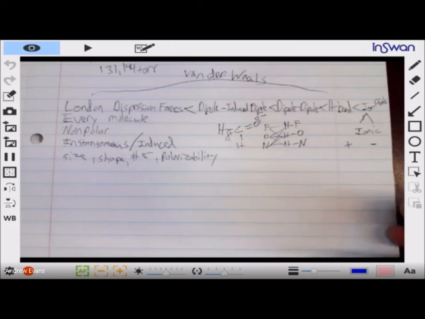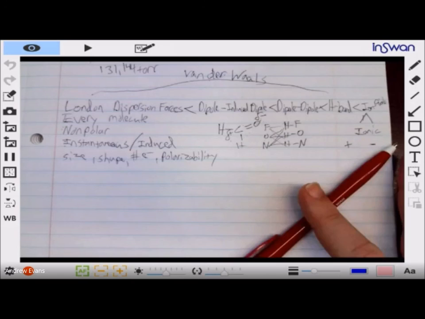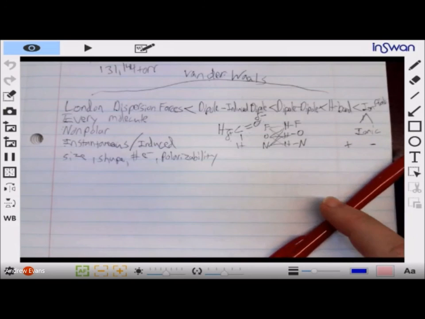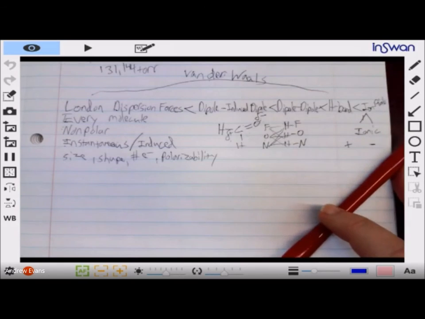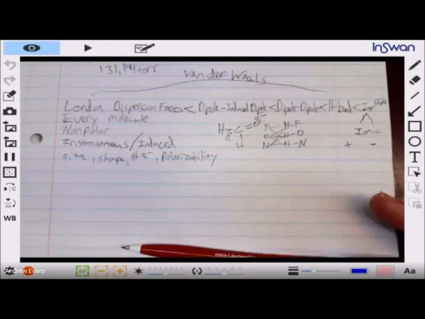It could hydrogen bond with ammonia because ammonia, NH3, does have an NH bond. It could hydrogen bond with hydrofluoric acid because it does have an HF bond. So anything with an OH can hydrogen bond to anything with an oxygen, nitrogen, or fluorine. It doesn't have to be within the same molecule. It helps, but it doesn't have to be.